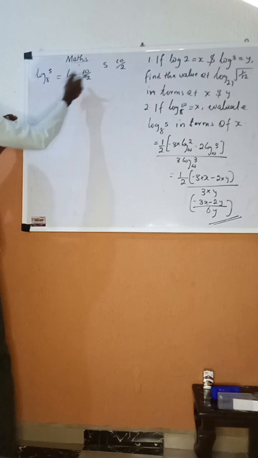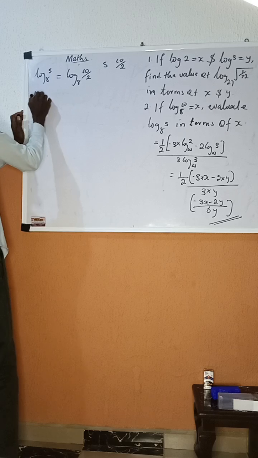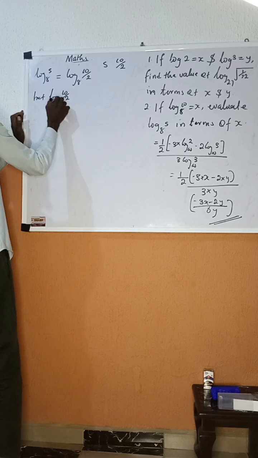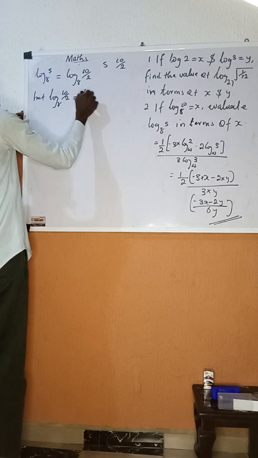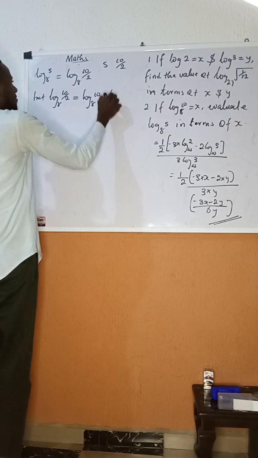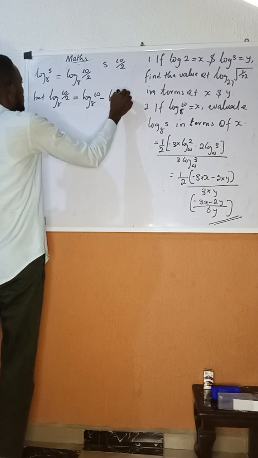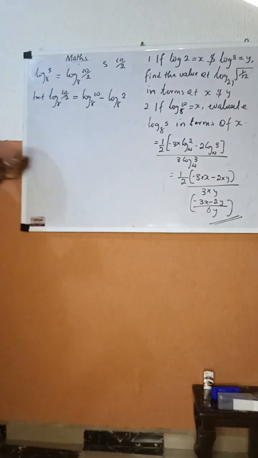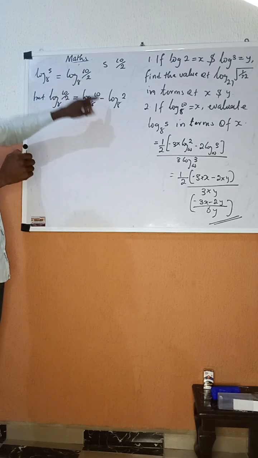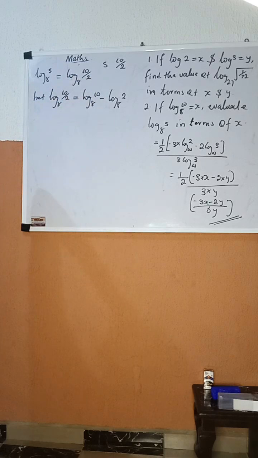So this thing equally can be expressed as, log of 10 over 2 base 8 equals log of 10 base 8 minus log of 2 base 8. What I have done is to consider the law of division that calls it subtraction.